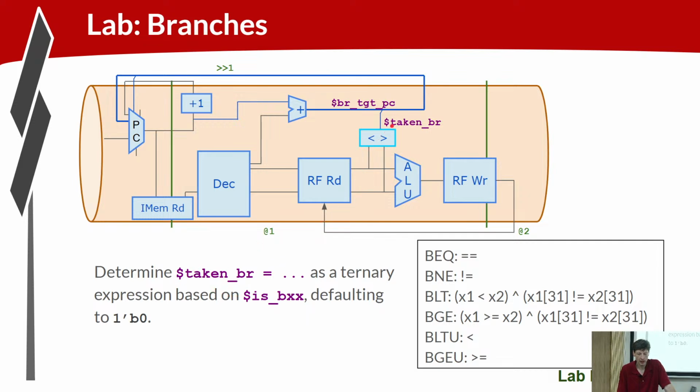So what we're assigning here is this taken branch pipe signal. And of course, as I keep saying, it's all muxes. Depending on the type of branch, BEQ, BNE, you'll use a different comparison operation to determine taken branch. So if this is a BEQ, then you're taken branch if the two sources are equal. Similar for the remaining.